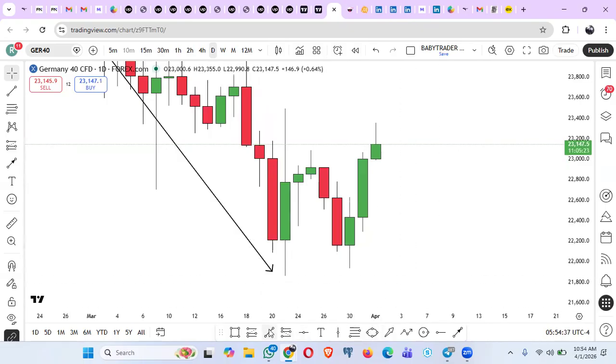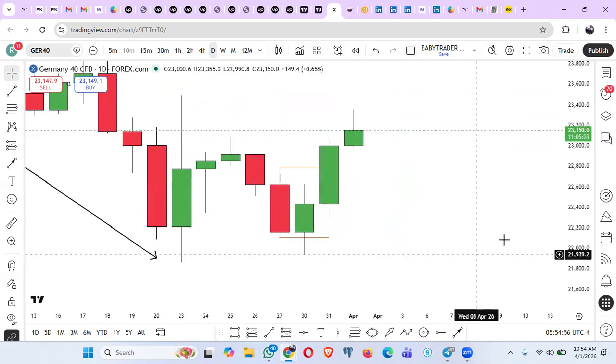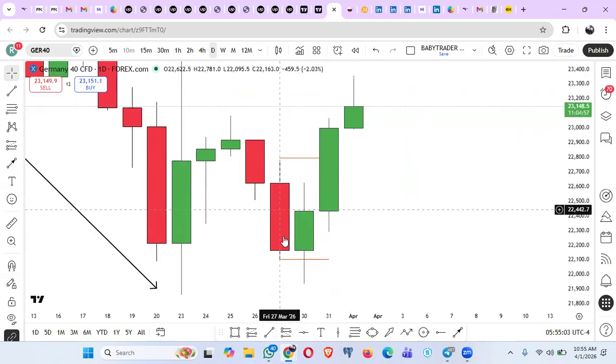So now we had this tick candle here. You can mark that one as a high. Same time, mark this one now as a low. And if you can see properly now, the doji formed below.